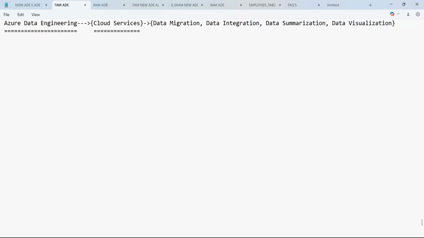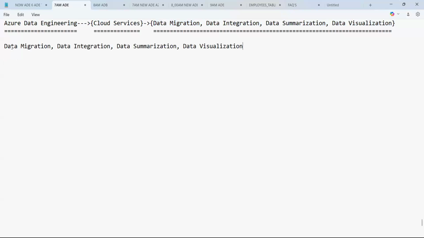So these are all the techniques we can apply on the data by using Microsoft Azure Data Engineering. It's a bunch of cloud services, and using these cloud services, we can perform the following operations on the data: data migration, data integration, data summarization, and data visualization.